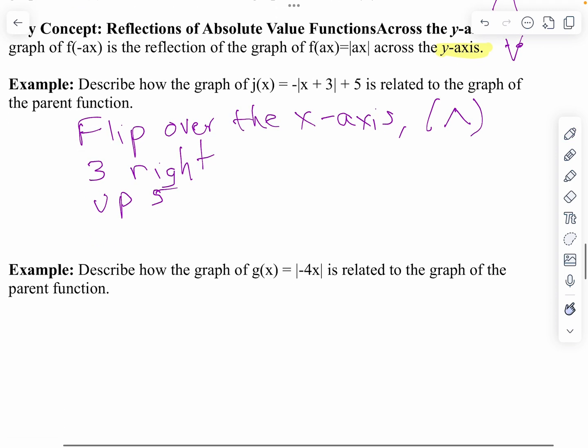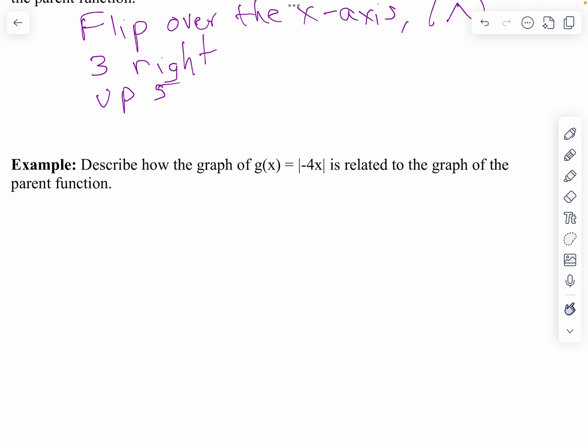Now on the next one, we're going to describe what's happening. Well, notice the negative is on the inside. So first off, I'm going to flip over the y-axis. And like we said, when we flip over the y-axis, my V essentially looks the same.